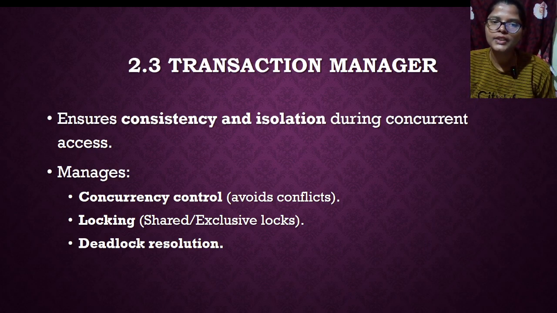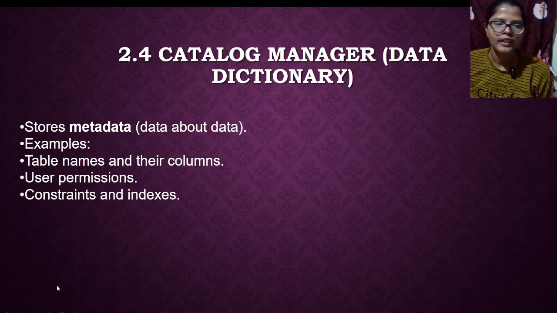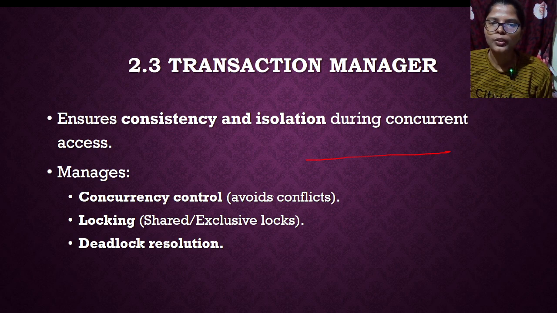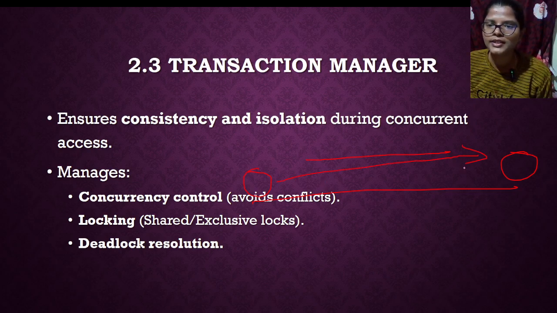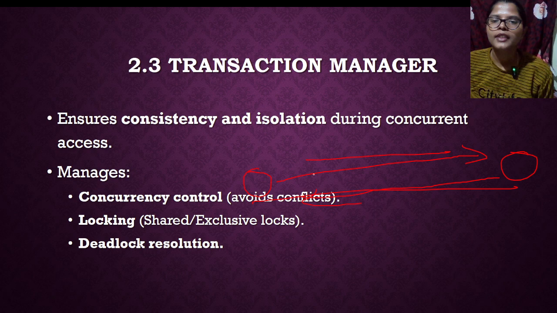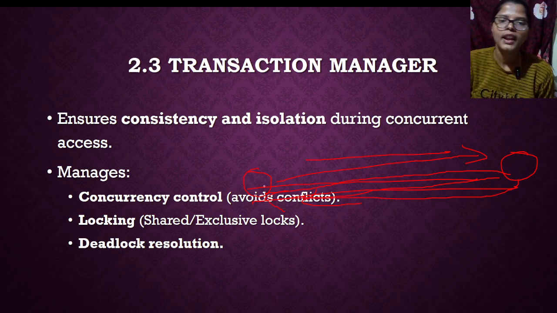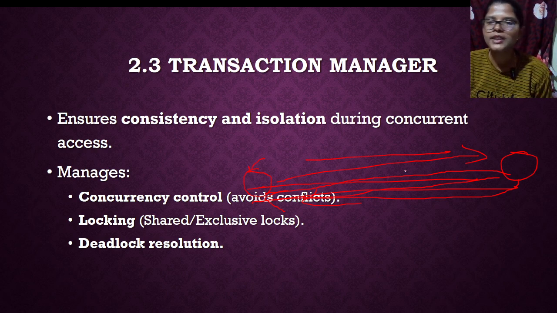Now deadlock resolution. Take an example: there is a narrow road with only one way. When two vehicles are moving on that road, either this person has to reach that place or the other person has to come to this place, and then the other will move. But here the situation is that this person is waiting, thinking that the other person will come, and in the same way the other person is also thinking that this person will come.